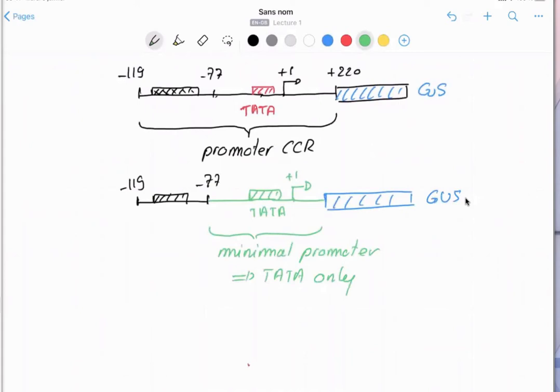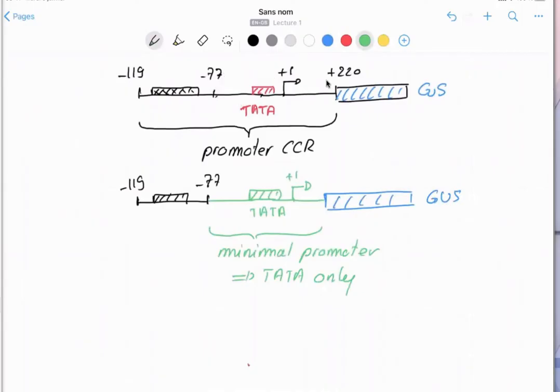Do you understand what I'm explaining you? Yes? The difference between the normal CCR promoter and the minimal promoter is that the minimal one only contains the Tata box, and the original promoter may contain something else.